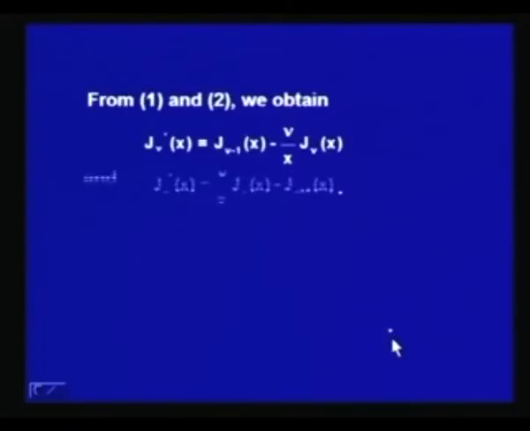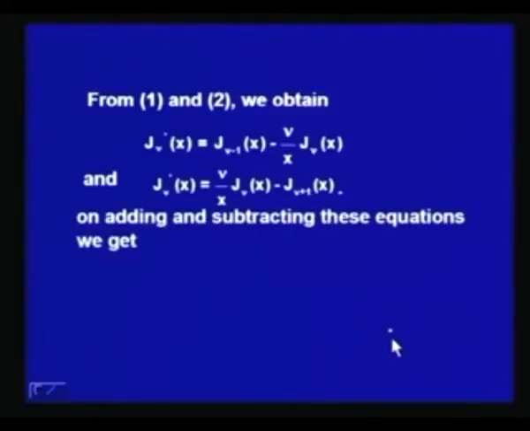From these two relationships, we will obtain the value of J_ν'(x) equal to J_(ν-1)(x) minus (ν/x) J_ν(x), and J_ν'(x) equal to (ν/x) J_ν(x) minus J_(ν+1)(x). Now, adding these two equations and subtracting, we shall have the following.